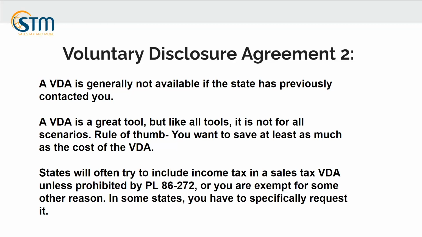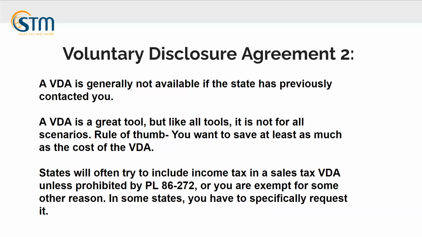That's the overall general process there. Now, in some states, they're going to try to include income tax in that VDA, unless it's prohibited by Public Law 86-272, or you're exempt for some other reasons. So in some states, if you want the income tax to be included, you actually have to request it, but a lot of states automatically put it in there.